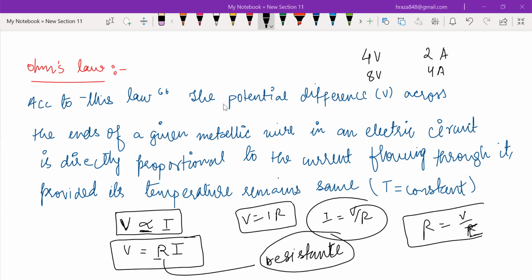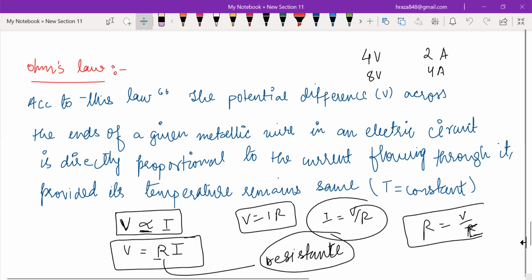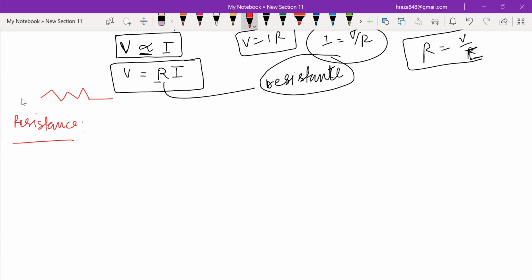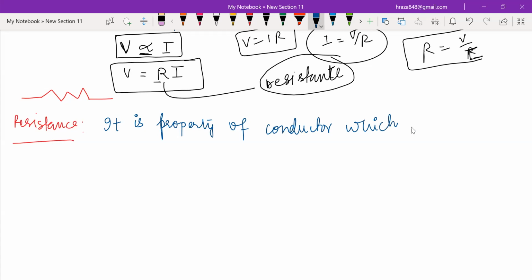Yes, sir. Done. Okay. So what is this resistance, which is a new term for you? In this chapter, we just introduced resistance, and this is how we represent it. Resistance is a property of a conductor which resists the flow of current.